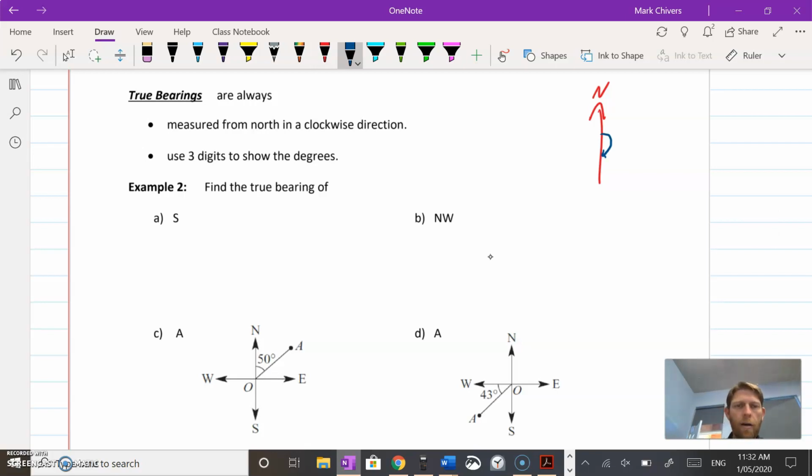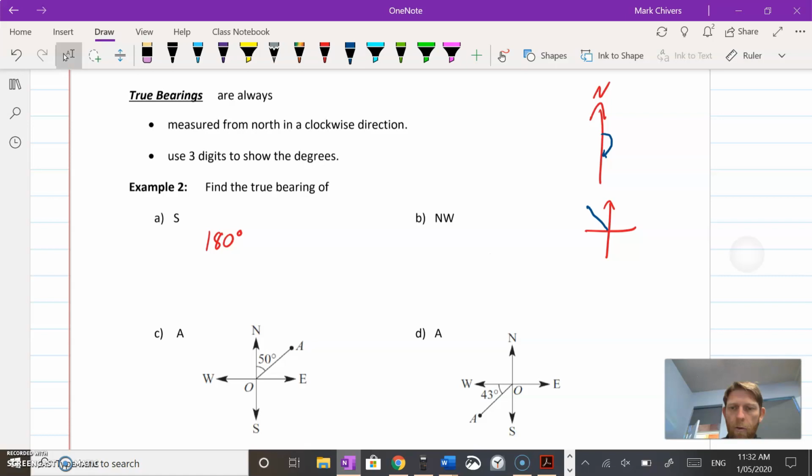And that's going to give us our bearing of south. So south is merely going to be 180 degrees, going the opposite direction. Now northwest, if we think about northwest, that's going to be up here somewhere. So the angle we're interested in goes all the way around here like that.